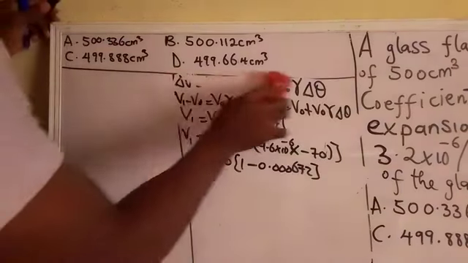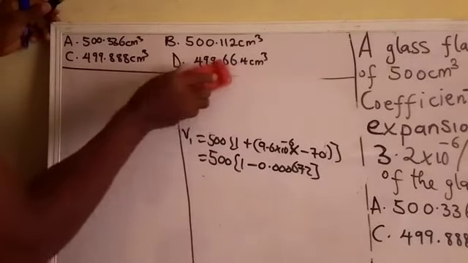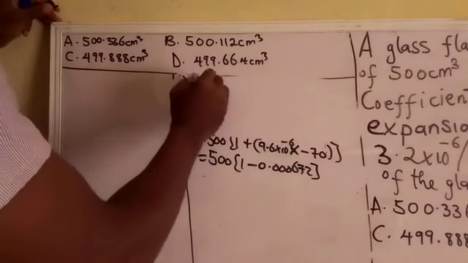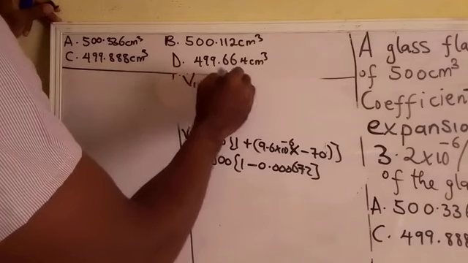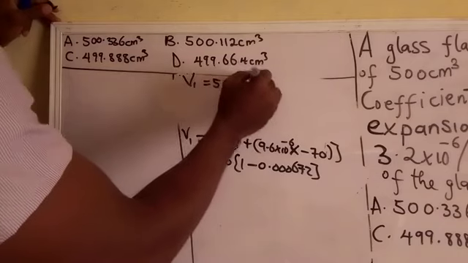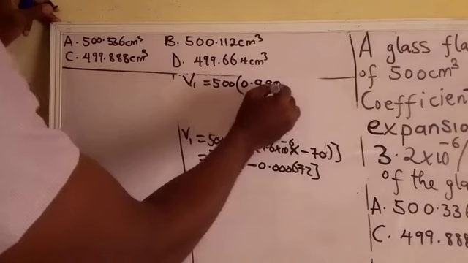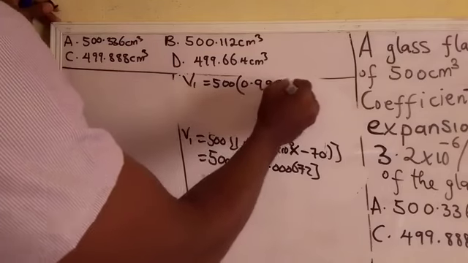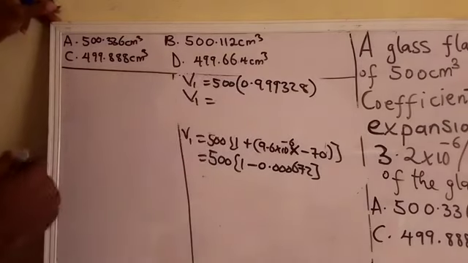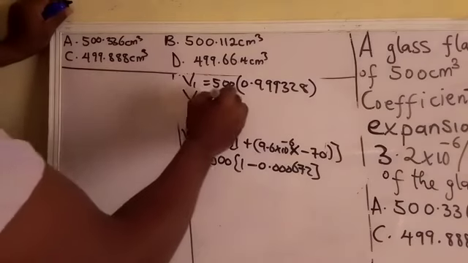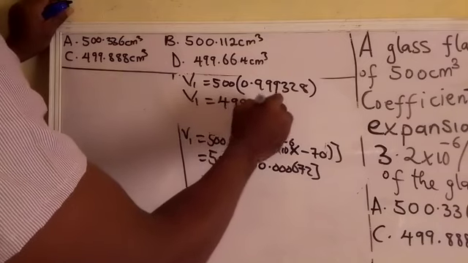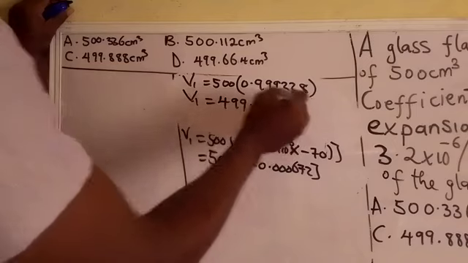Having done that, you see your V1 will be 500 multiplied by 1 minus this, which will give you 0.999328. Now when you multiply what is in the bracket by 500, you have about 499.664 cm³.